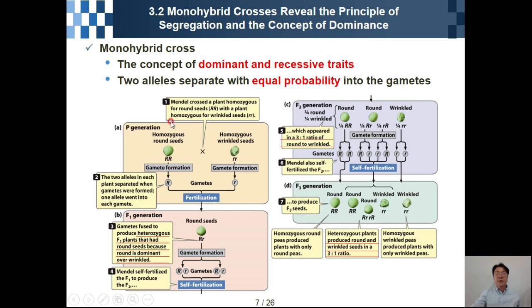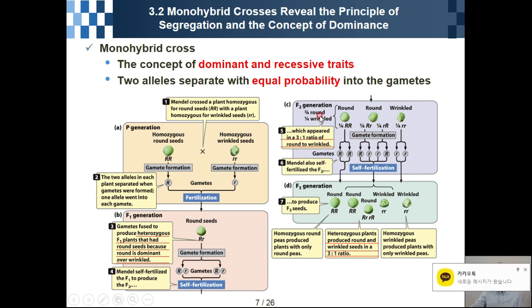And also, the second one is that the two alleles separate with equal probability to the gamete. For example, after that he did self-fertilization using the F1 generation. So finally, in the F2 generation, he found a 3:1 ratio of round to wrinkled.